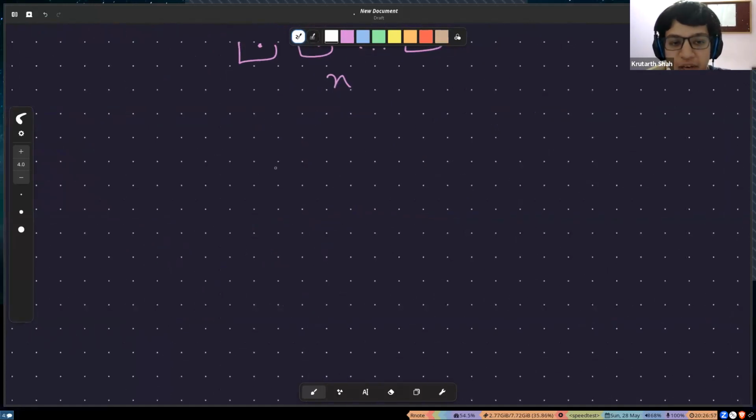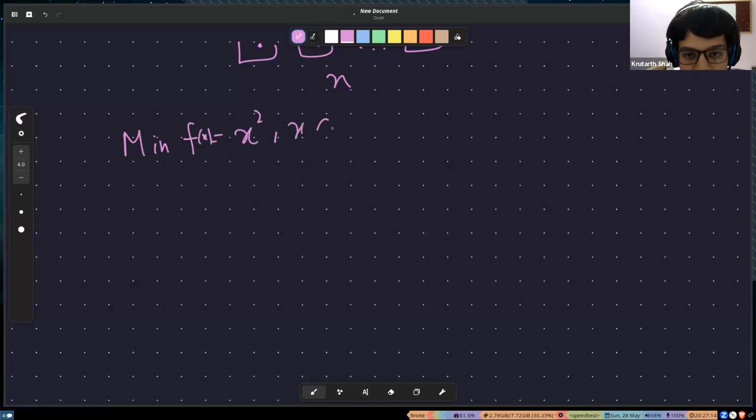And the same thing applies for, let's say, finding the minimal or maximal value of something. So let's say I want to find minimum value of some function f. Let's say x square, for x real. Can anyone tell me what the minimum value of x square is?